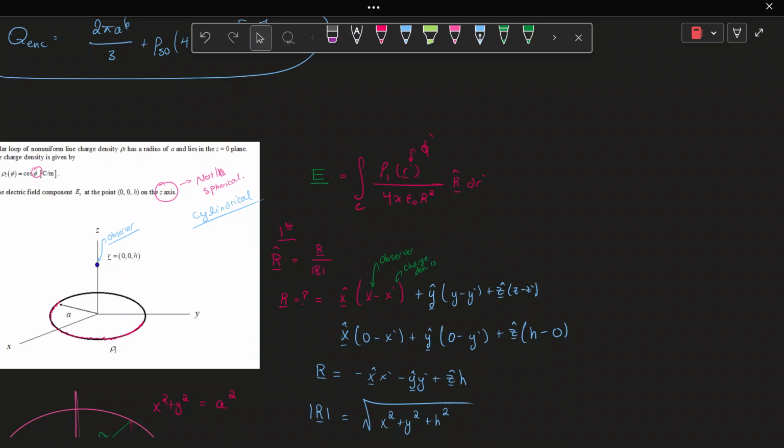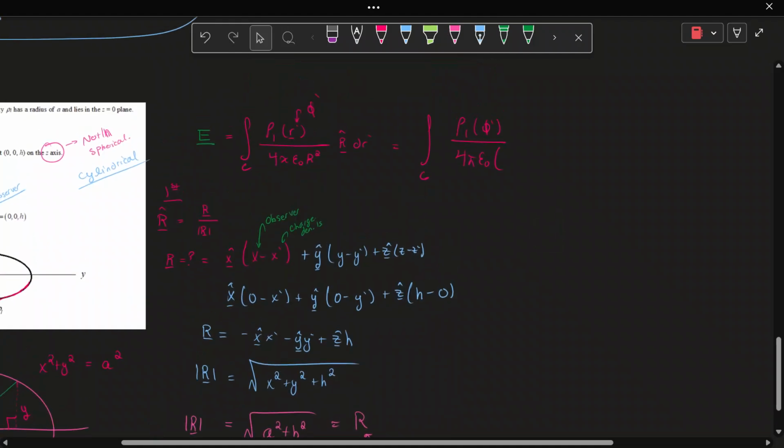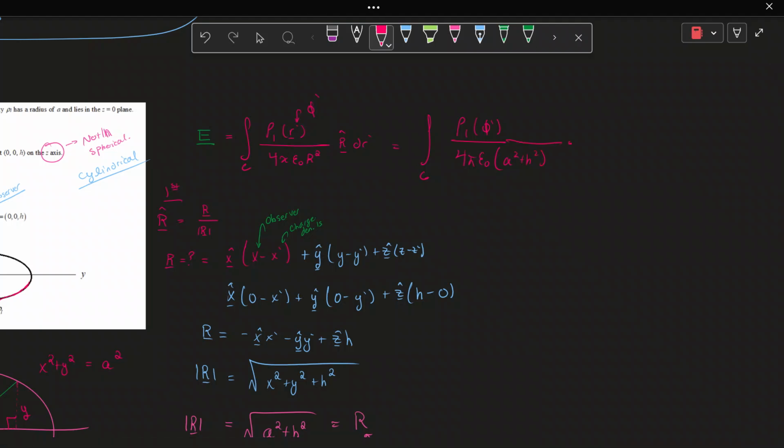Okay, so that means we can rewrite this equation in terms of the contour integral, rho L phi prime divided by 4 pi epsilon naught. Remember, r is the square root of a squared plus h squared, and it's squared, so let's just write this as a squared plus h squared, times the r unit vector.